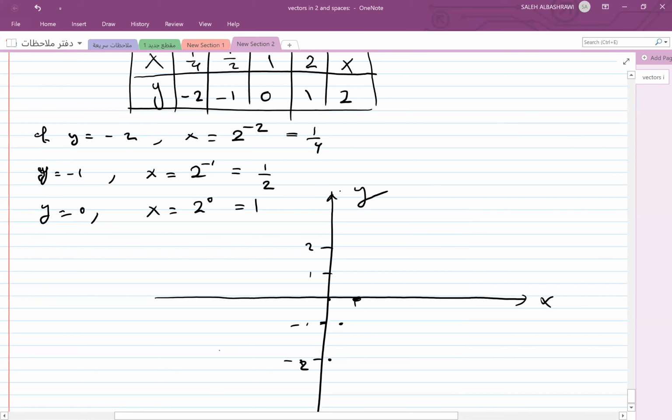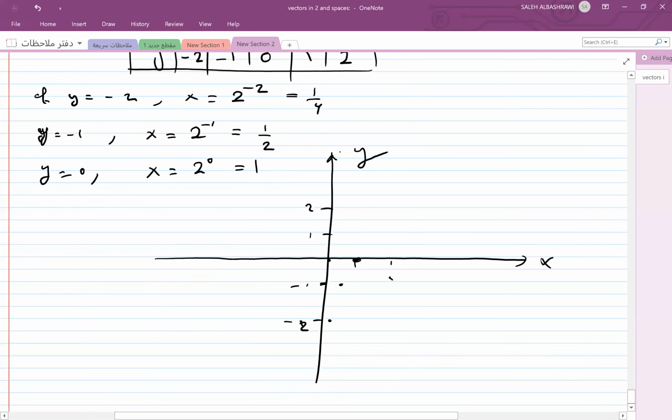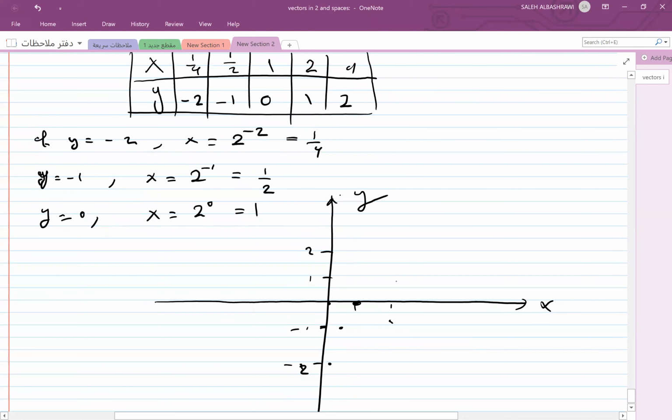Then we have 2 and 1, and then we have 4 and 2.